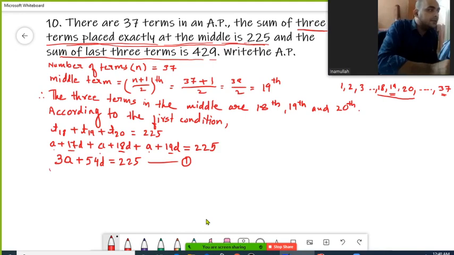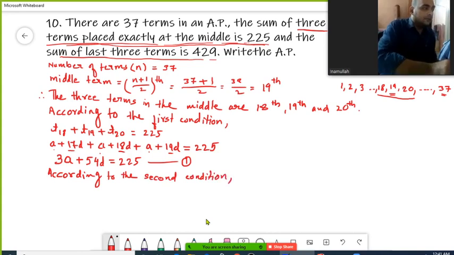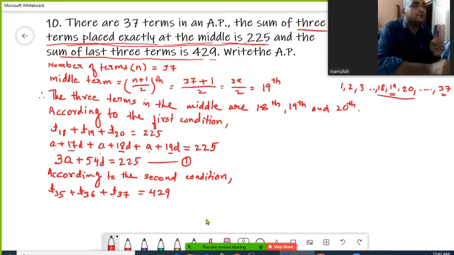According to the second condition, T35 plus T36 plus T37, the sum of these three terms, is 429.